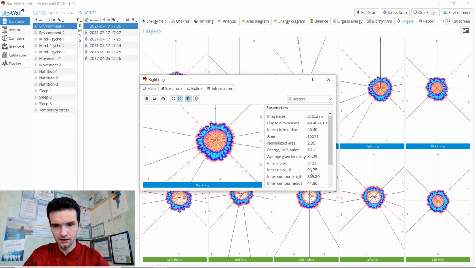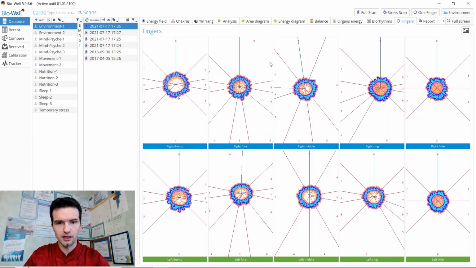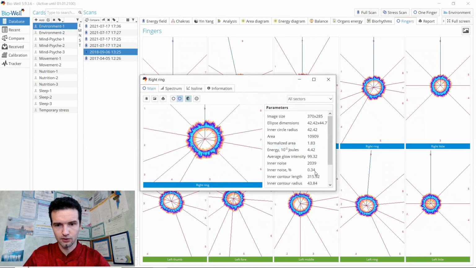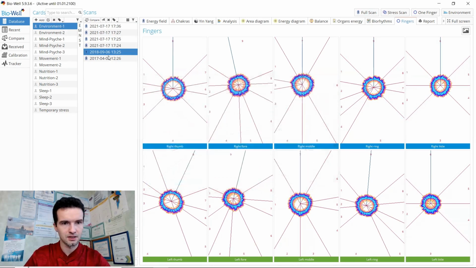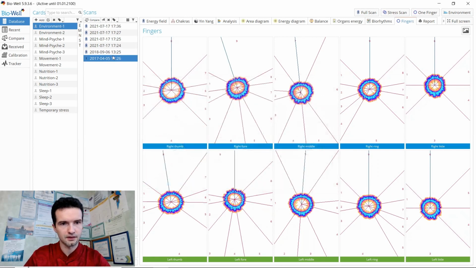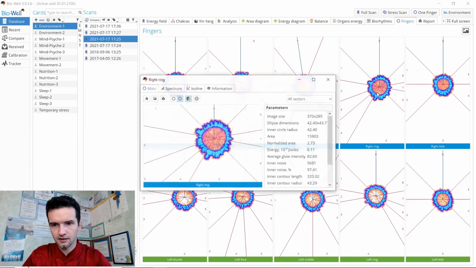So the inner noise percentage, for example, is 93% here, whilst in this scan, it's 0.34, right? So a very big difference. I think here it's 97%.